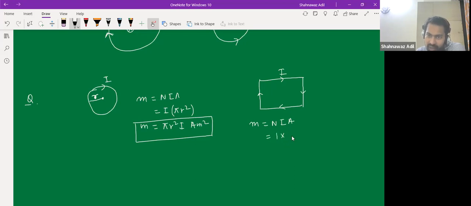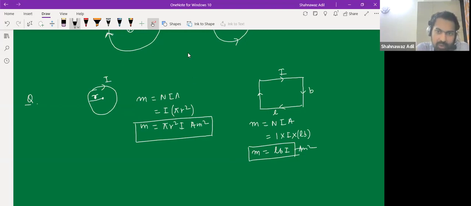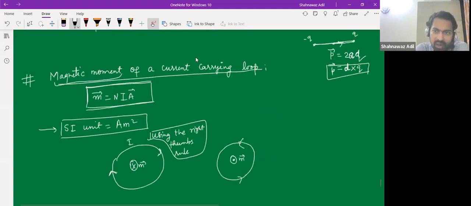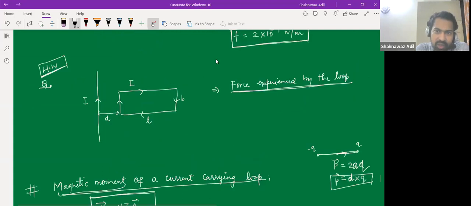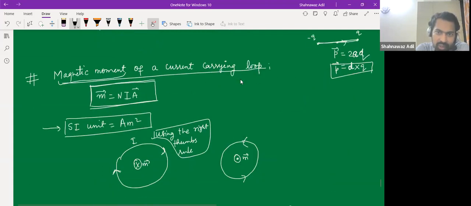Let's say this is breadth and this is length, L. So the magnetic moment would be L B I, in ampere meter square. So this is the magnetic moment. Is this clear, guys? Yes, sir. Okay, so note down up to this point, and if you have any doubts, please ask. This part you already noted, so note down from it.